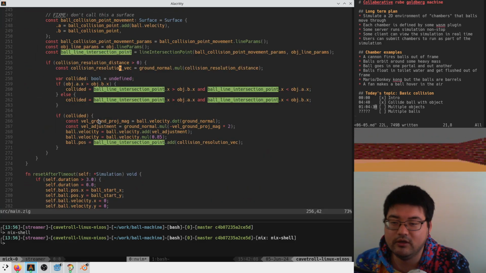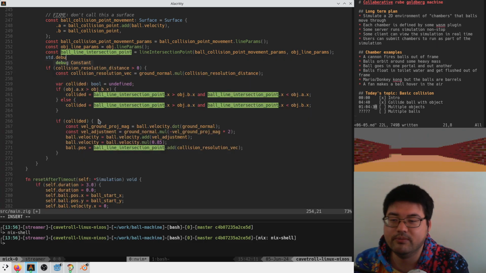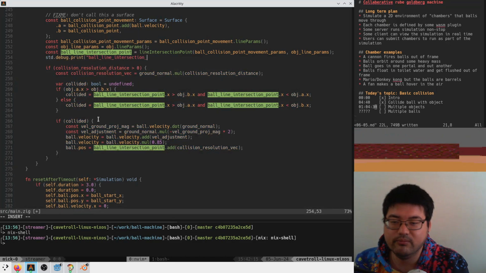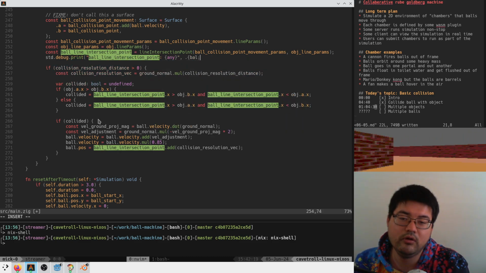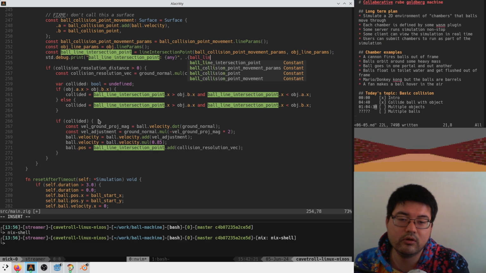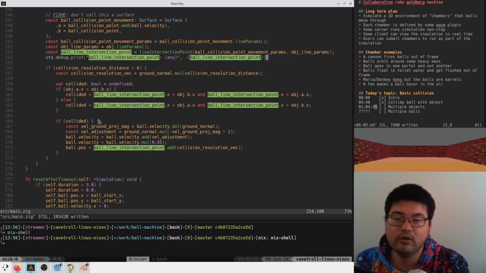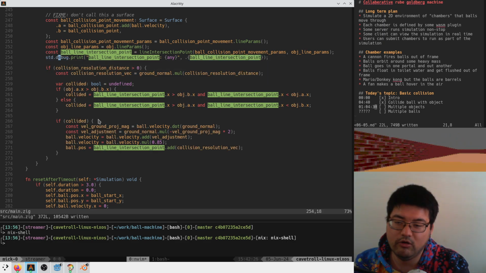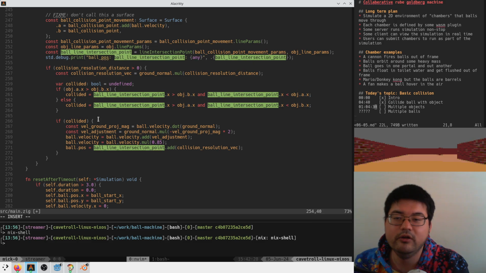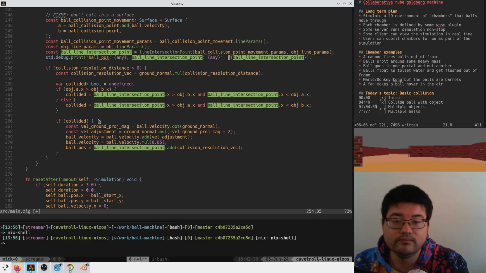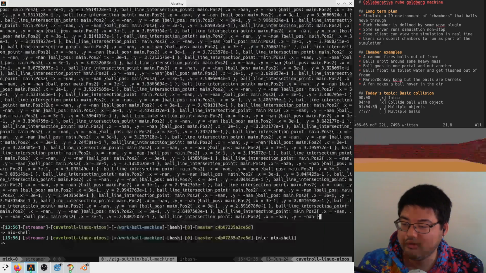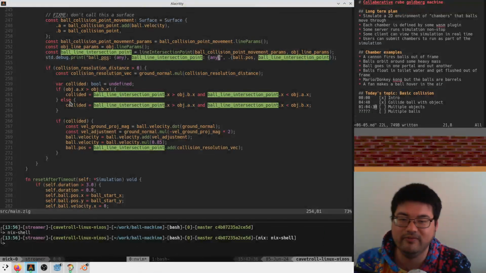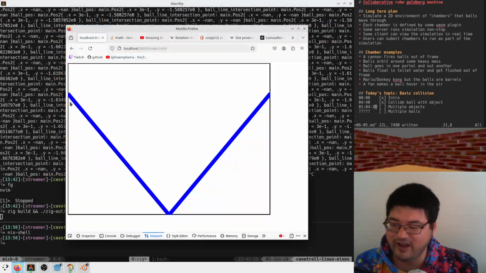Can we look at the std debug print ball line intersection point? And maybe we look at the ball pause as well. Let's just see what it is doing. Oh, we need new lines. New lines.